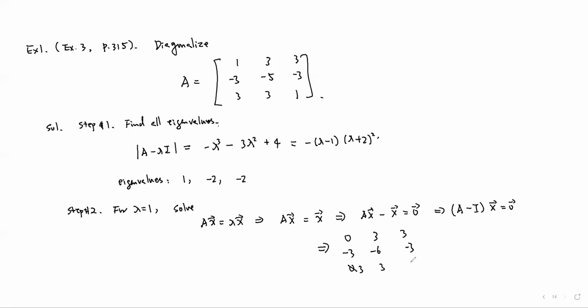Solve this linear system, then I get the solution. Write the solution in vector form because an eigenvector is a vector. x3 is the free variable, times a vector.